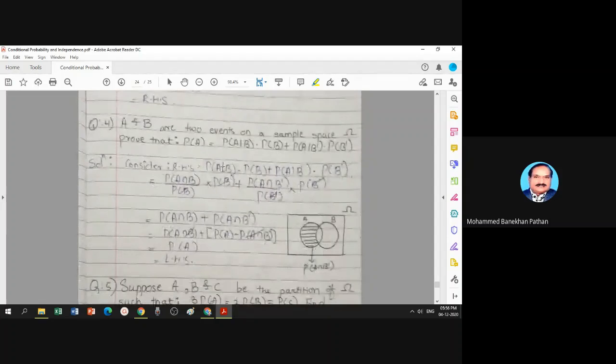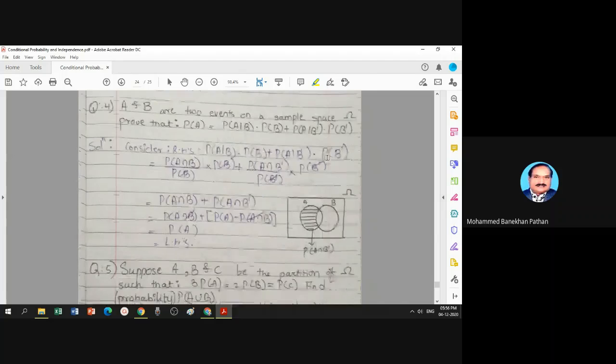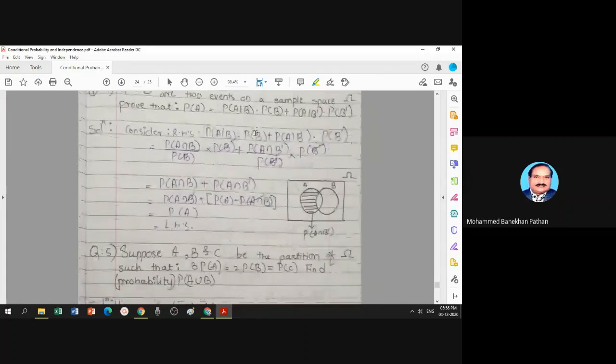Next question is, A and B are two events on a sample space omega. Prove that PA equals PA given B multiplied by PB plus PA given B dash into PB dash. Simple question. Take the right hand side, apply the definition, you will get the left hand side.